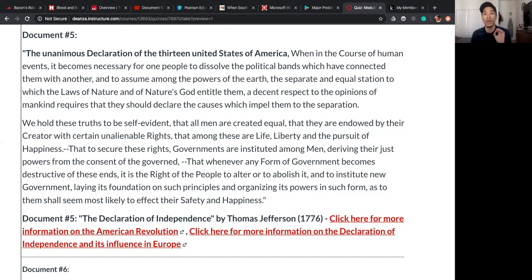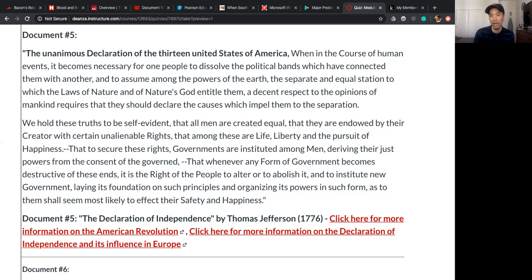And I recommend you figure out where you see traces of the Enlightenment ideas written within here. So I recommend you go back and look at John Locke's writing, because I promise you, if Thomas Jefferson was a college student in 1776 and submitted this draft of the Declaration of Independence, it would have been flagged for plagiarism with John Locke.